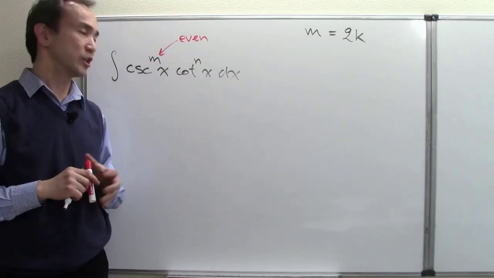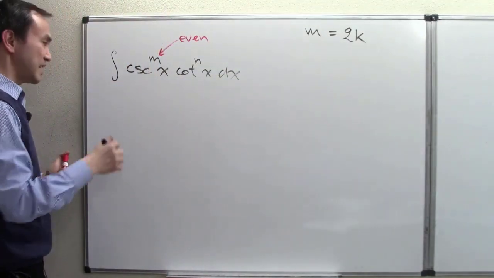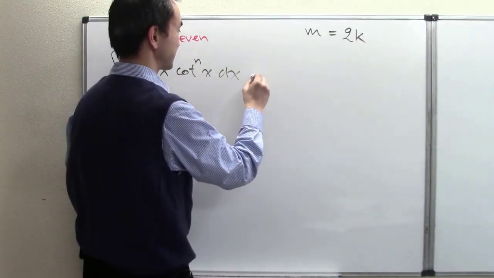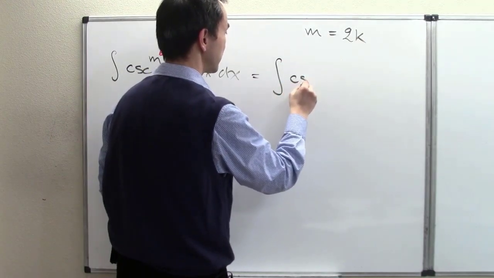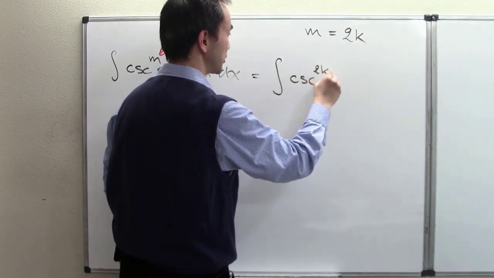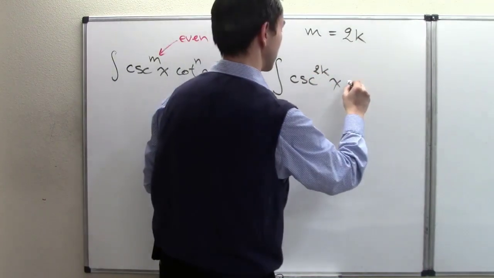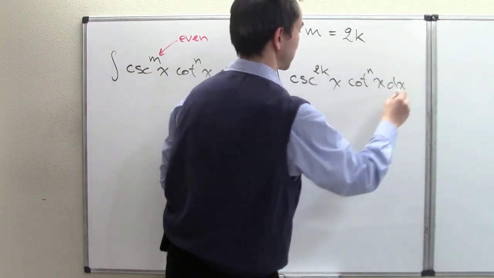Okay, and so m being even means m is a multiple of 2. And so in that case right here, I can rewrite this entire integral as an integral of cosecant to some power being a multiple of 2. I'm writing that as 2k of x, times the cotangent to the power n of x dx.